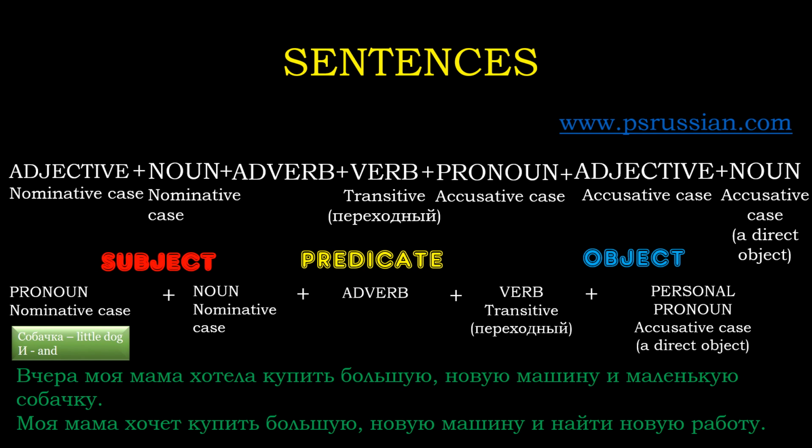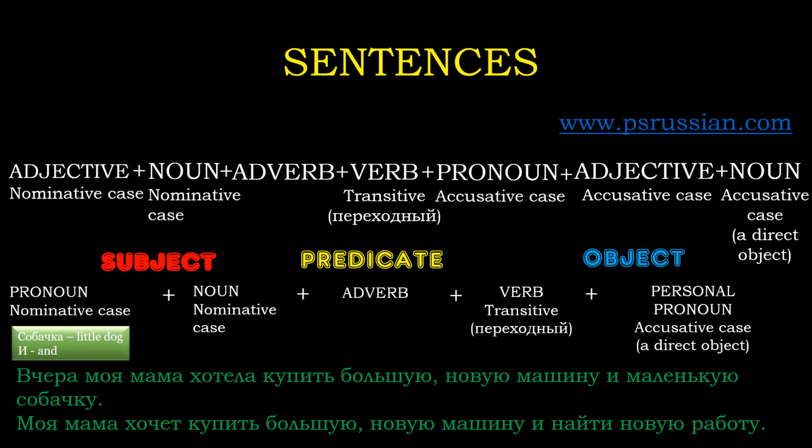Let's summarize our last lesson. As you remember, last time we've been talking about one of the functions of the accusative case, when nouns or pronouns are direct objects, or we can say the objects of transitive verbs.